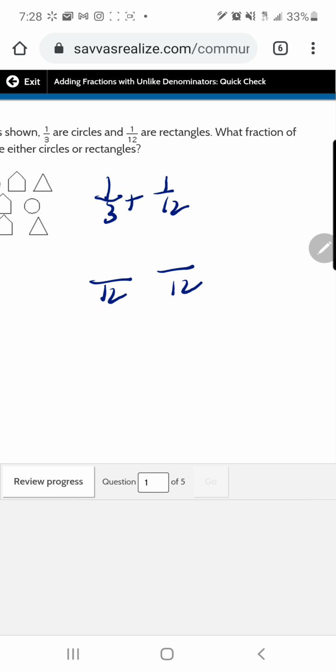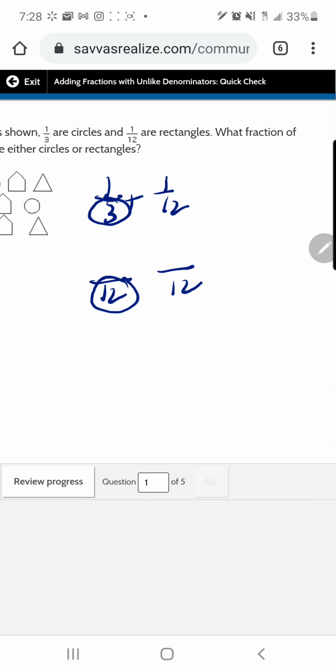Remember at the beginning, when we were talking about equivalent fractions, the only way you could find equivalent fractions was by multiplying the numerator, the number at the top, and the denominator, the number at the bottom, by the same number. So in this case, we ask ourselves, what can I do to this 3 to get that 12?